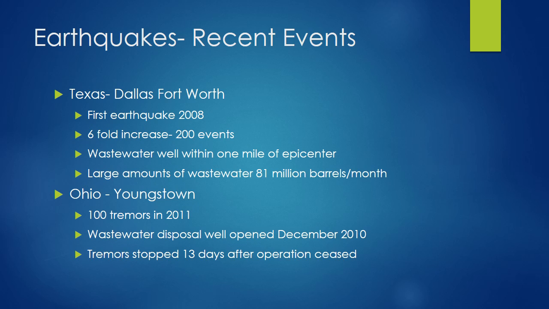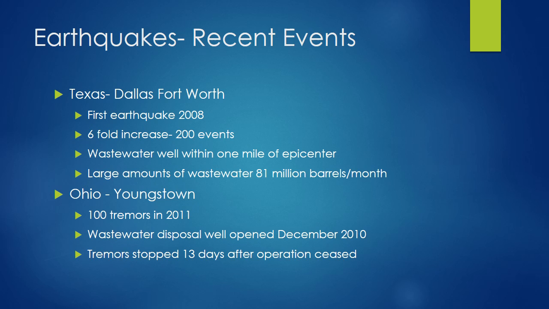In Youngstown, Ohio, in 2011, more than 100 tremors were recorded. Prior to this, there had been no reported earthquakes in the area. In December of 2010, a disposal injection well to remove wastewater from a nearby Pennsylvania fracking operation was brought online.